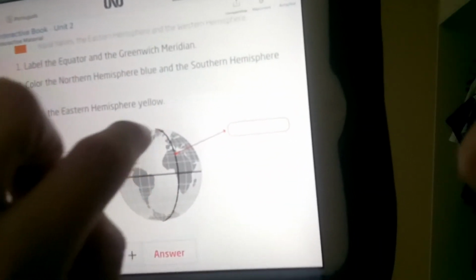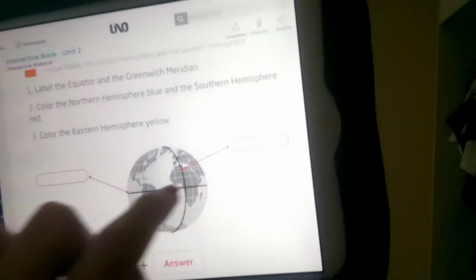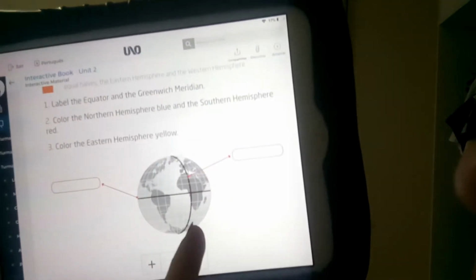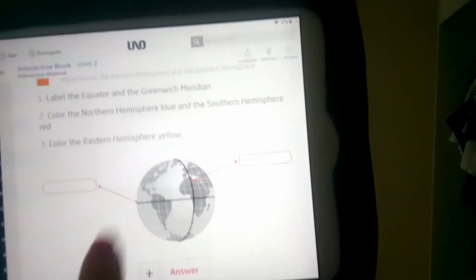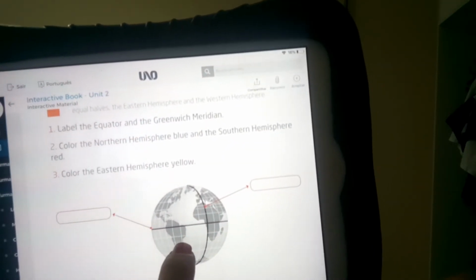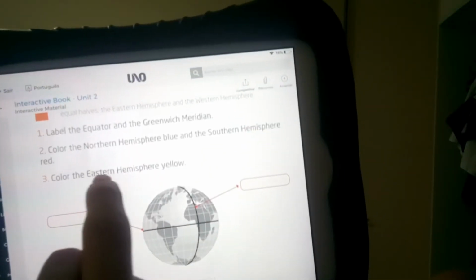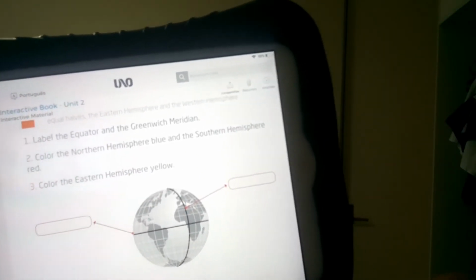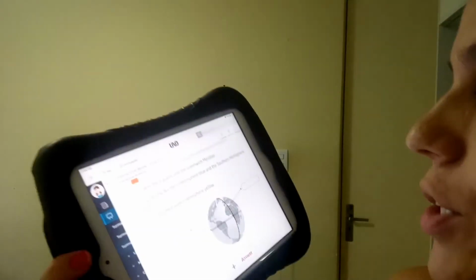You have the equator here and the Greenwich meridian, and you have to color the northern hemisphere blue and the southern hemisphere red, and you color the eastern hemisphere yellow. Okay, so only one part.